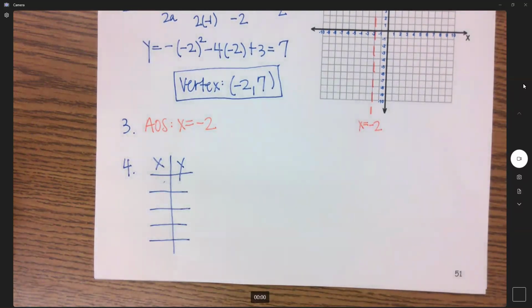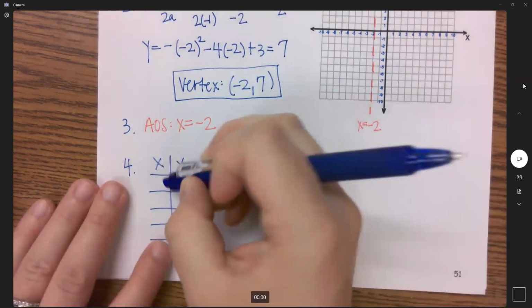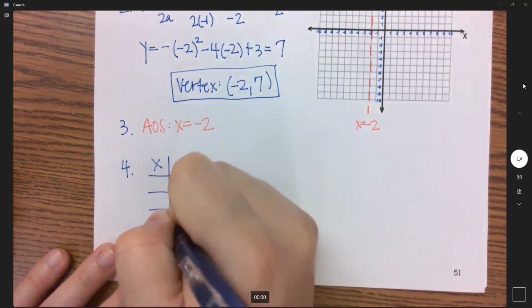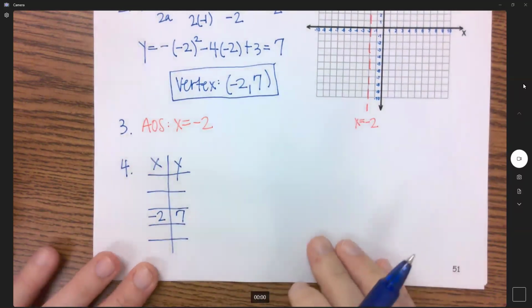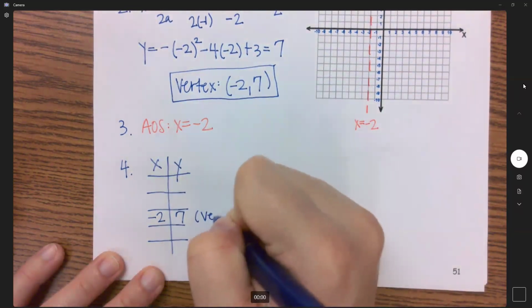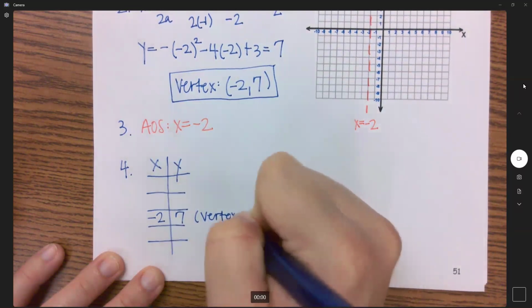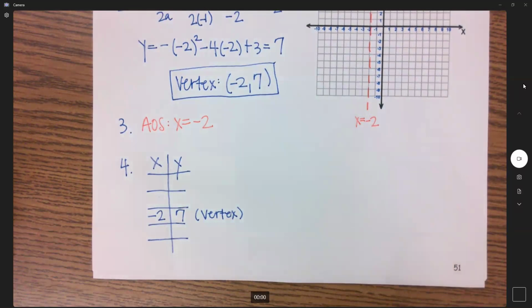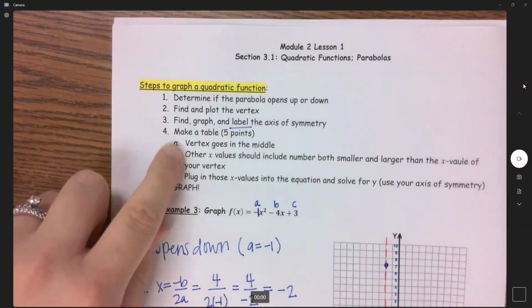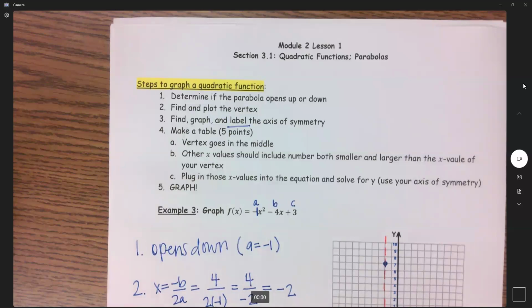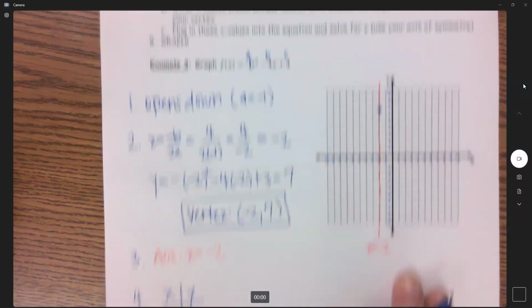First point I want to put in here is my vertex in that middle spot. So right here, we are putting in -2, 7 in the middle. This is my vertex. Okay. Part B, so that's what part A said. Vertex goes in the middle. The other x values should include numbers larger and smaller than the x value of your vertex.